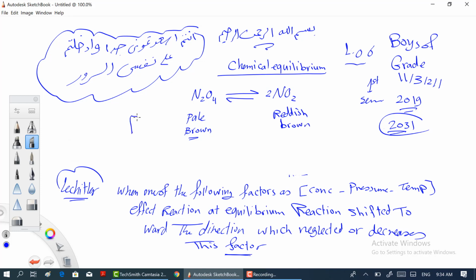Inside the closed container, both inside crushed ice, we'll find that the nitrogen tetroxide is formed, but the same container is added to hot water.